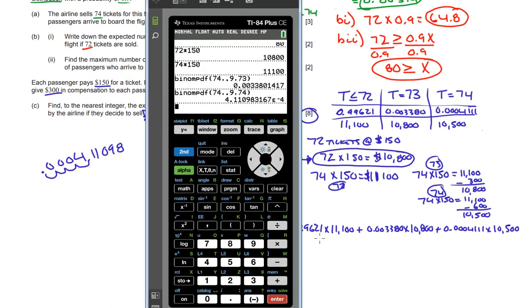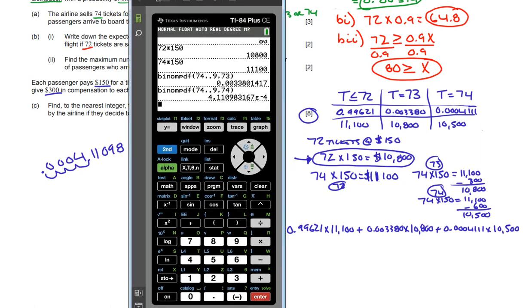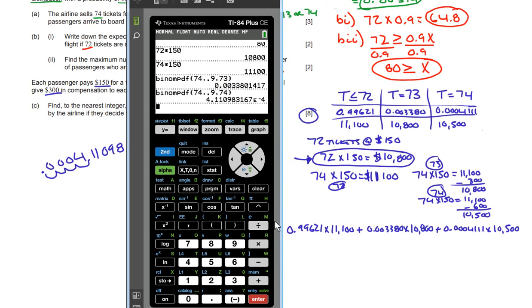Okay, so we're literally just going to put this whole thing into our calculator, because we wrote it all down, which is going to be good for us for showing our work. And in case we did something wrong, the grader will be able to take a look at that and see what we did.